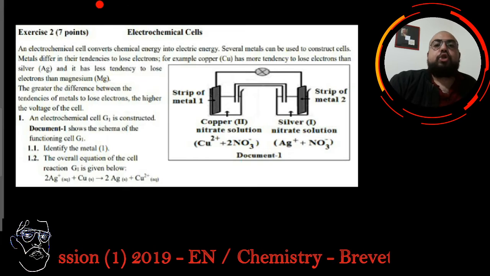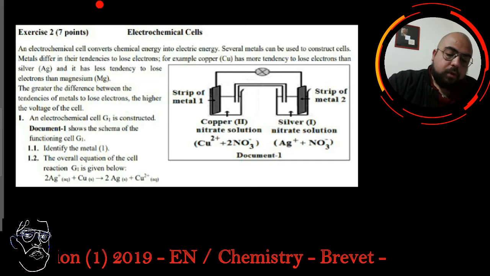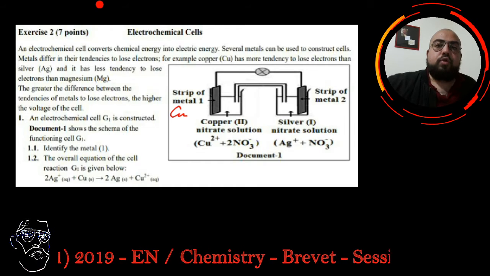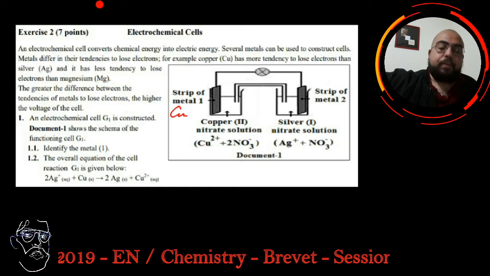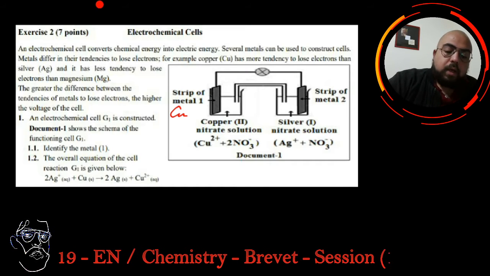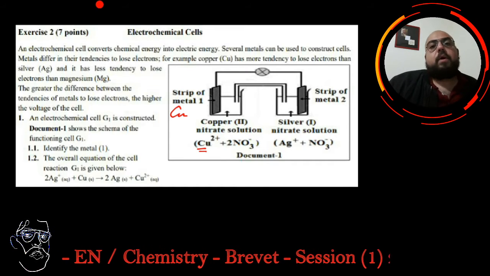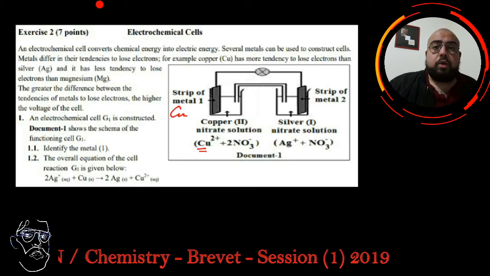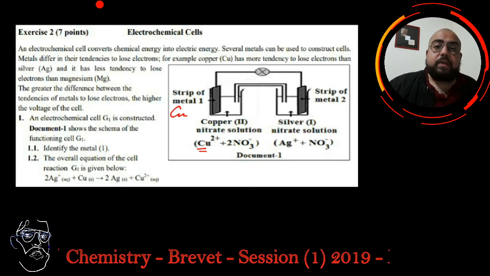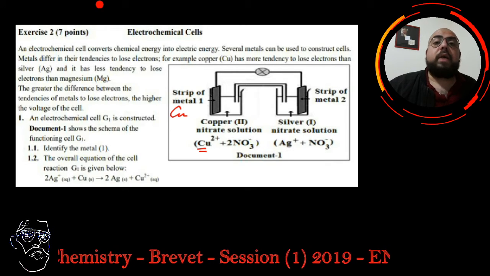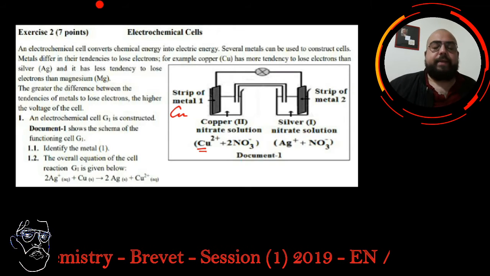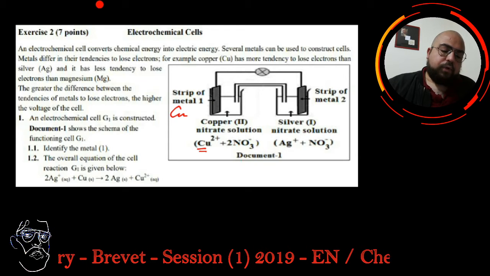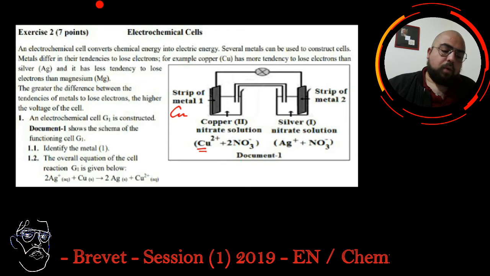The metal 1 should be copper, since I have to place the metal copper in a solution containing ions of the same type as the metal, in this case Cu2+.